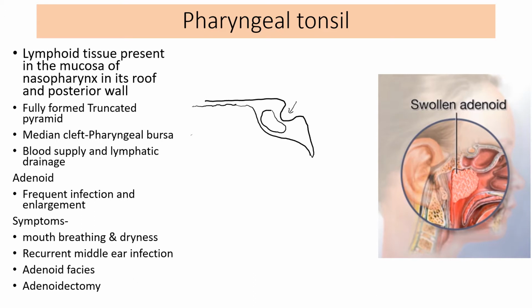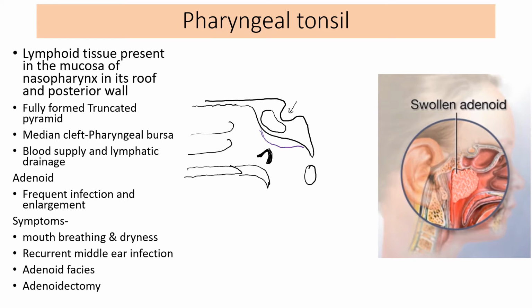You can make the posterior ends of the turbinates here, the hard palate and soft palate here. The arch of atlas section as seen in this picture, and this is the triangular opening of the pharyngotympanic tube, also called as auditory tube or eustachian tube. So the pharyngeal tonsils are present along this area.